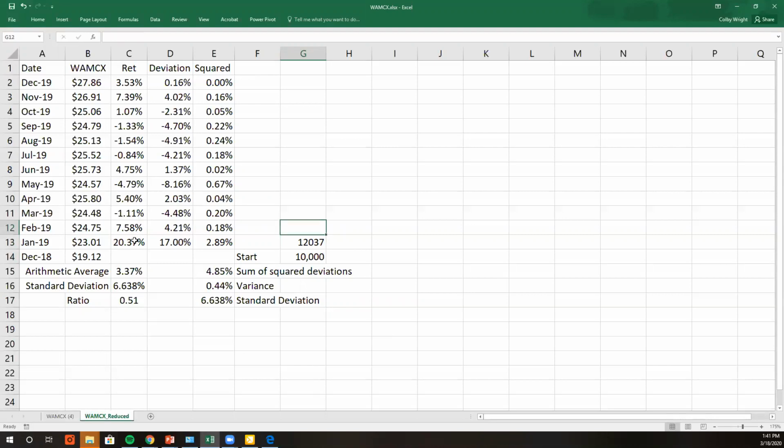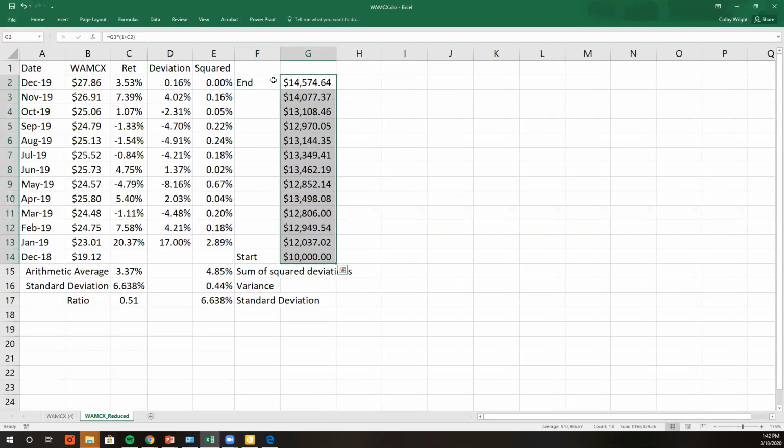And I'm just going to do that every month, right? So in February, I'm going to take the previous amount in January, and I'm going to grow it at 1 plus whatever the portfolio is earning. So I'm just going to do that all the way up, and I want you to see what I end with, right? We'll turn these into dollars so we can see them a little bit better.